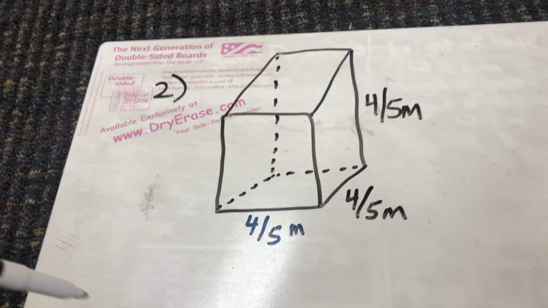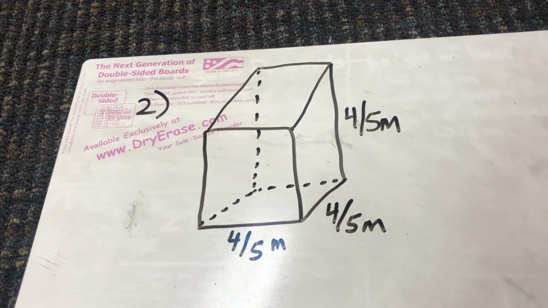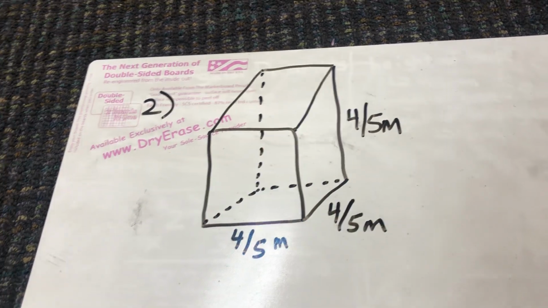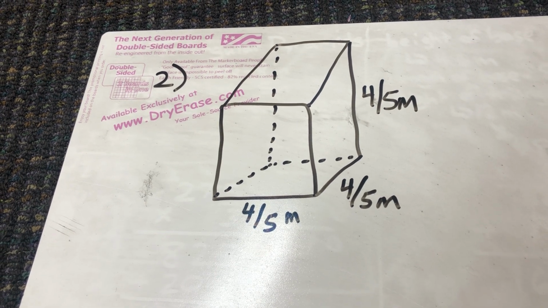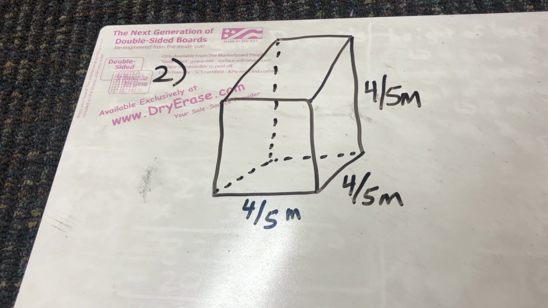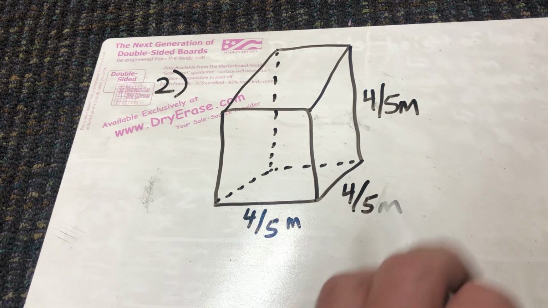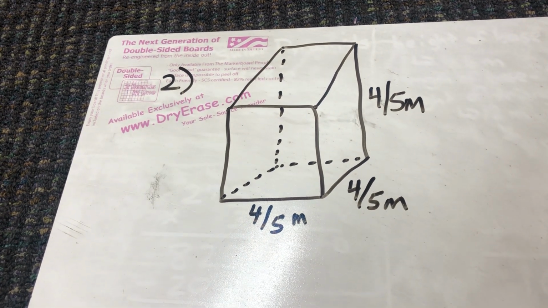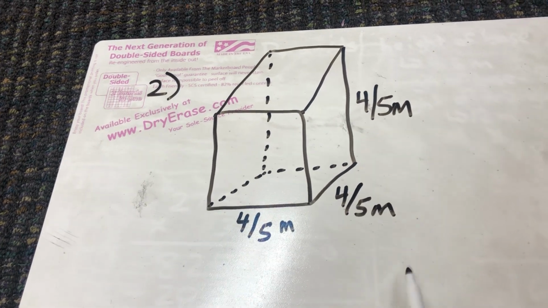Here's an interesting one because the length is 4/5 meters, the width is 4/5 meters, the height is 4/5 meters. So all those dimensions, the length, the width, and the height, are all the same. That means essentially, even though it may not look like it in the picture, what I have here is a perfect cube. So it's essentially going to be 4/5 times 4/5 times 4/5.